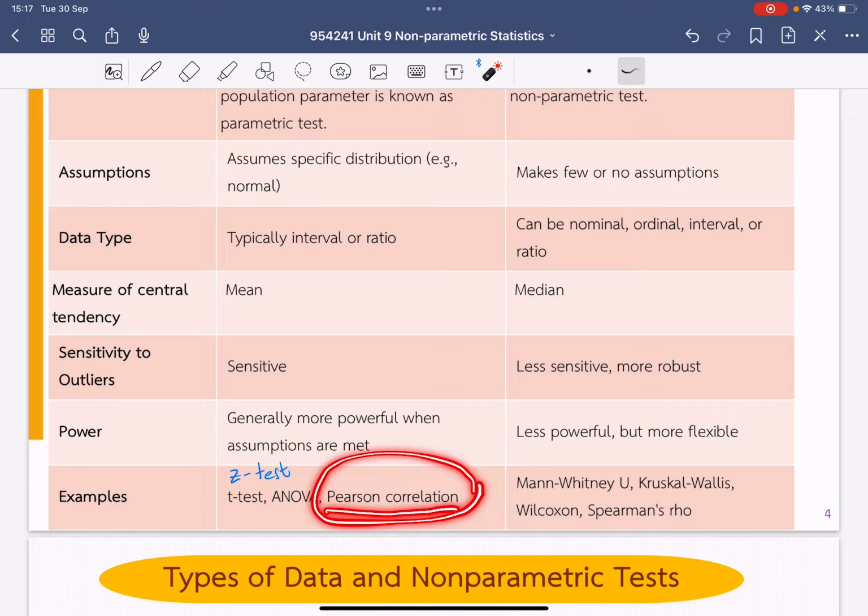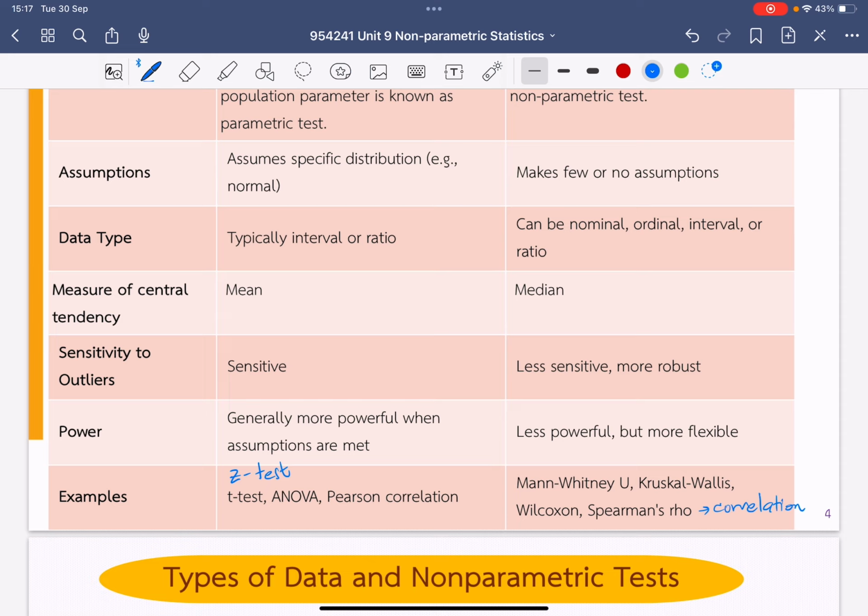For non-parametric tests, we have Mann-Whitney U, Kruskal-Wallis, Wilcoxon, and Spearman. Spearman is correlation.